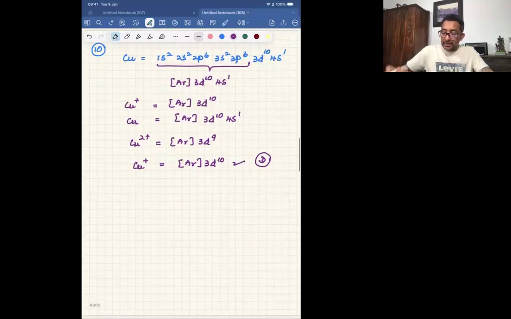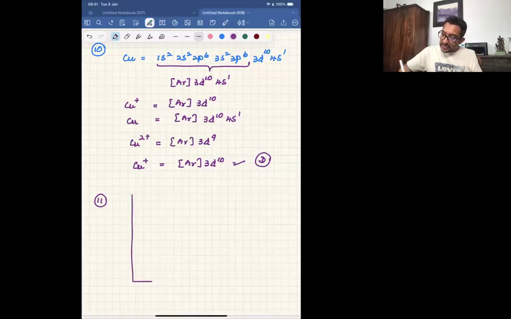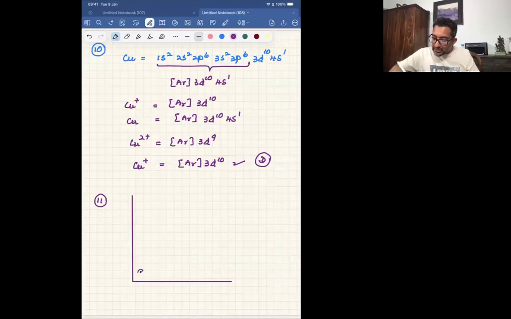But question number 11, how does it work? Tell me how this is going to work. Which one of the following lists the first ionization energies of elements magnesium, aluminium, silicon, phosphorus, sulfur in the correct order? Let us see how this is going to work. Now, can you remember how the first ionization energy varies? You start with this, you say up, down.